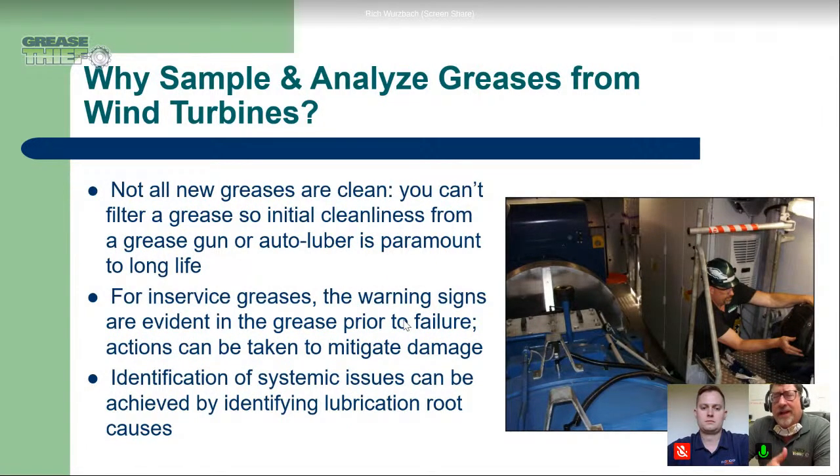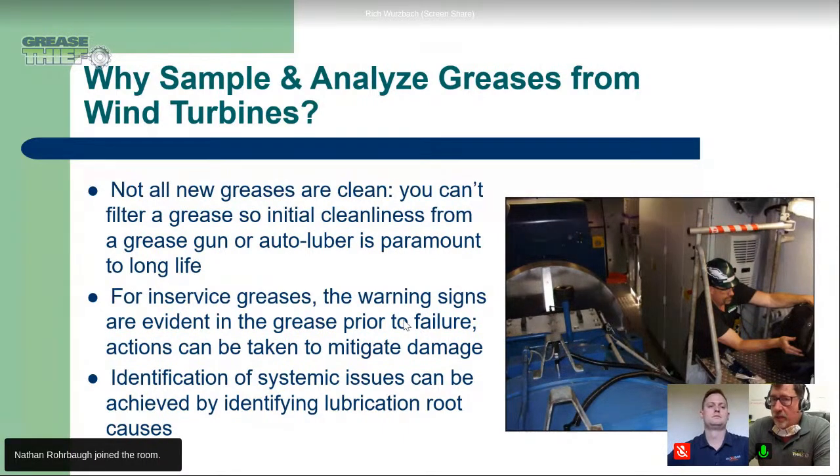We should know that about oils, and that's why we often filter oils before we put them into the machinery. But you can't really filter new greases once you've purchased them, once they've been formulated and blended together. There's no real good way to filter them for moisture and particulate. So the initial cleanliness of the grease that you purchase, what's in your grease gun, what's in your auto luber system, is really important and directly affects the life of the components.